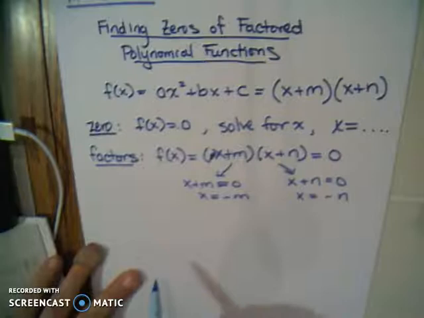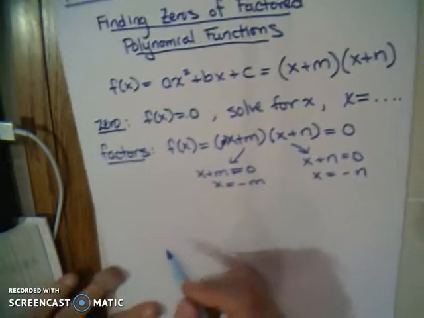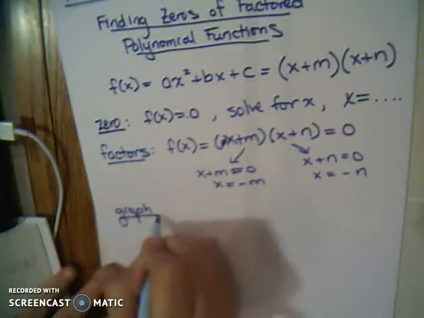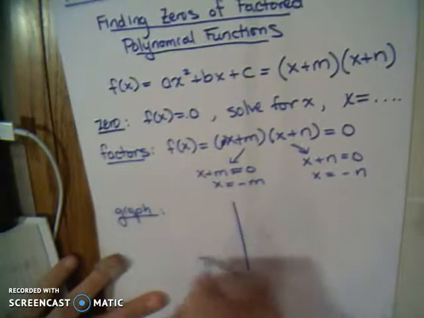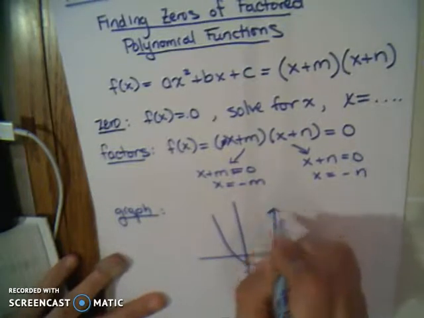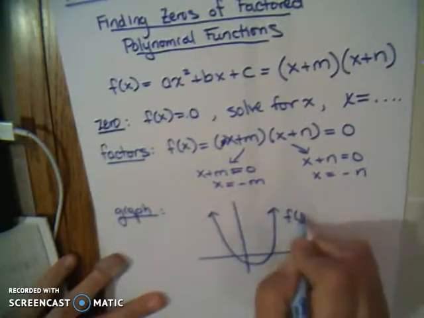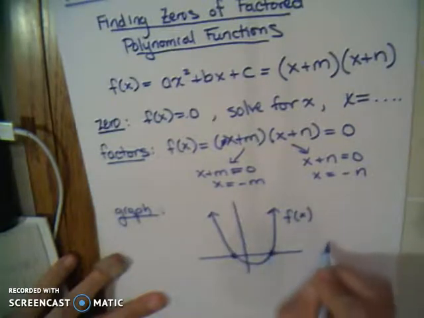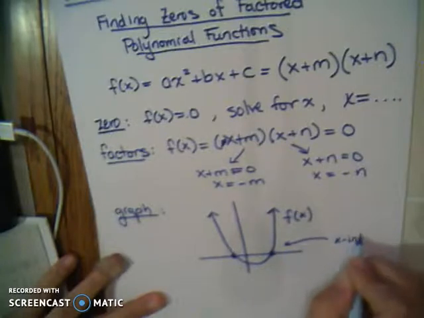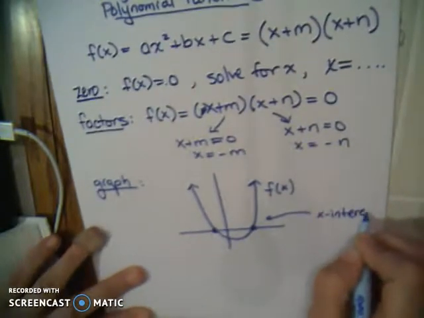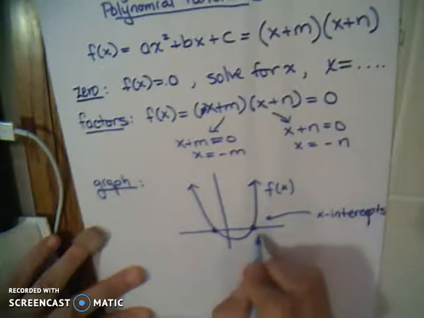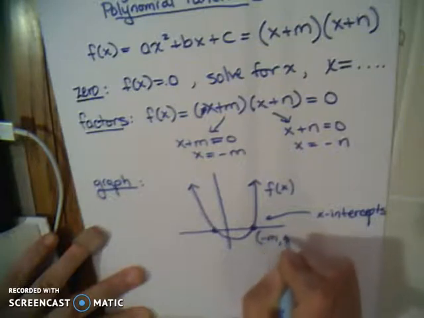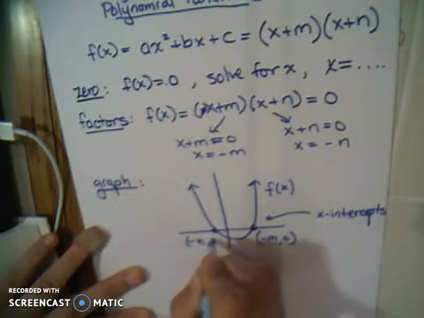Directly from those factors, we can see that it's just the opposite of the number that we see inside there. And another way we could do this is on the graph of the polynomial. So if this is ax squared plus bx plus c, if this is our f of x function, these x-intercepts here are going to be in the form negative m comma 0 and negative n comma 0.